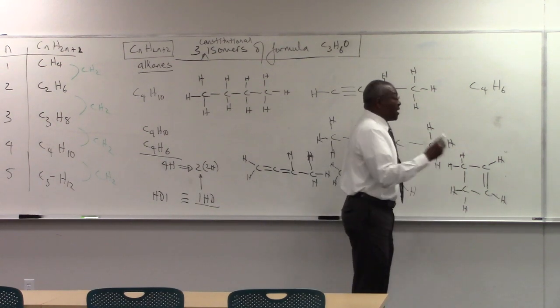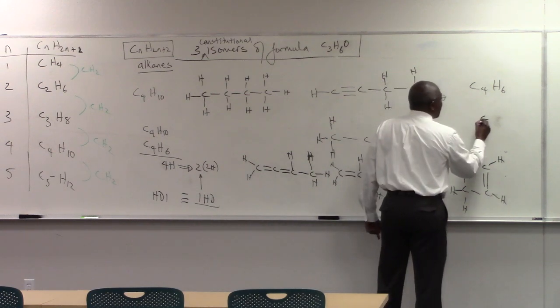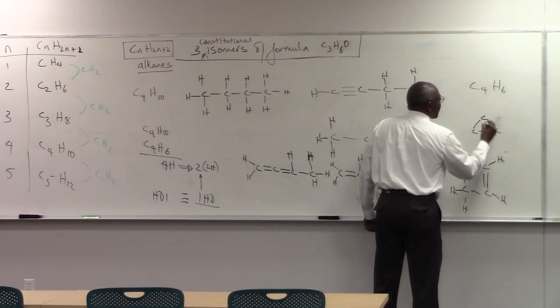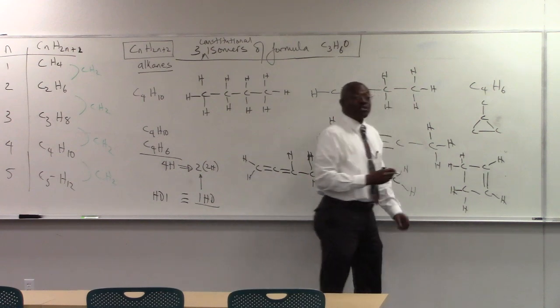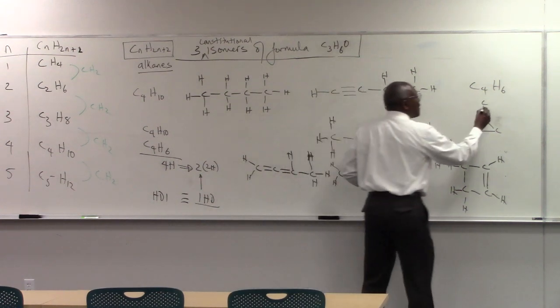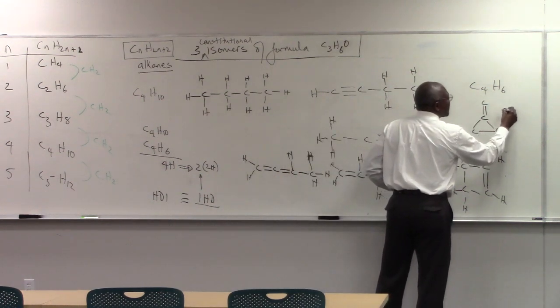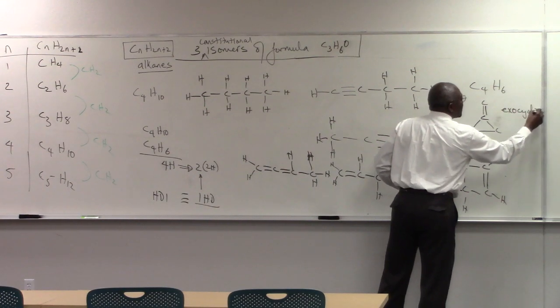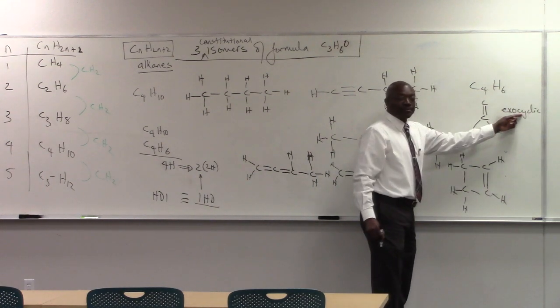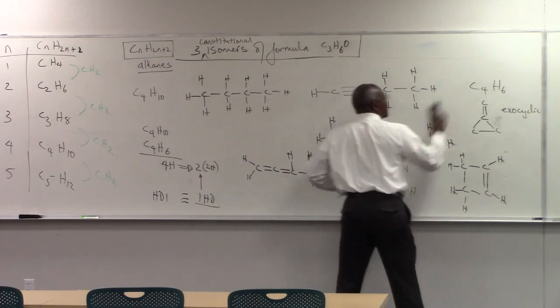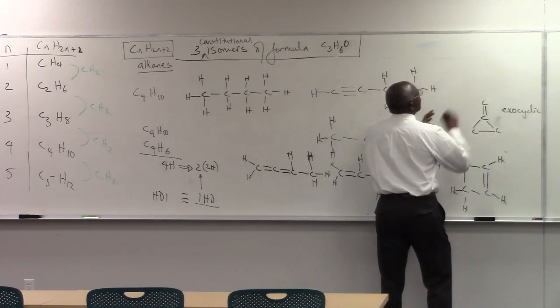It could have been a 3-membered ring with a 1 carbon appendage, and the double bond could either be exocyclic, in other words, it could be out of the ring, or the double bond could be endocyclic.